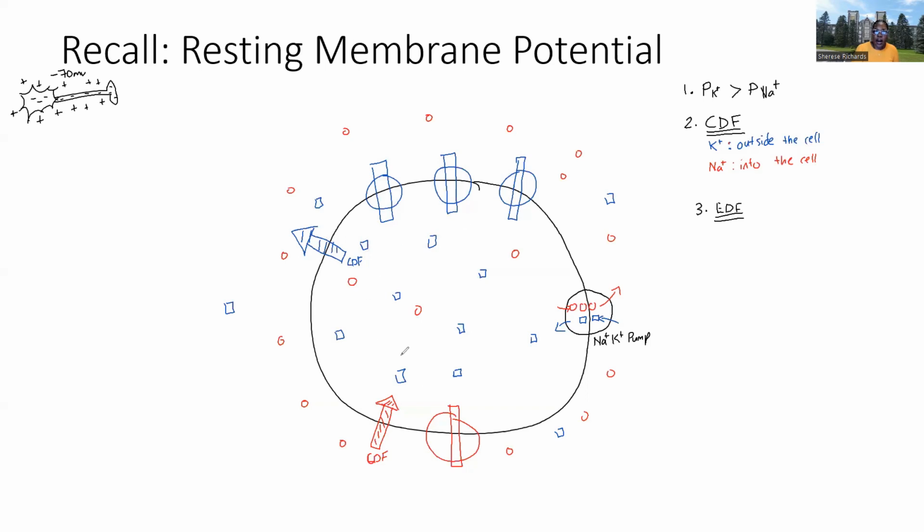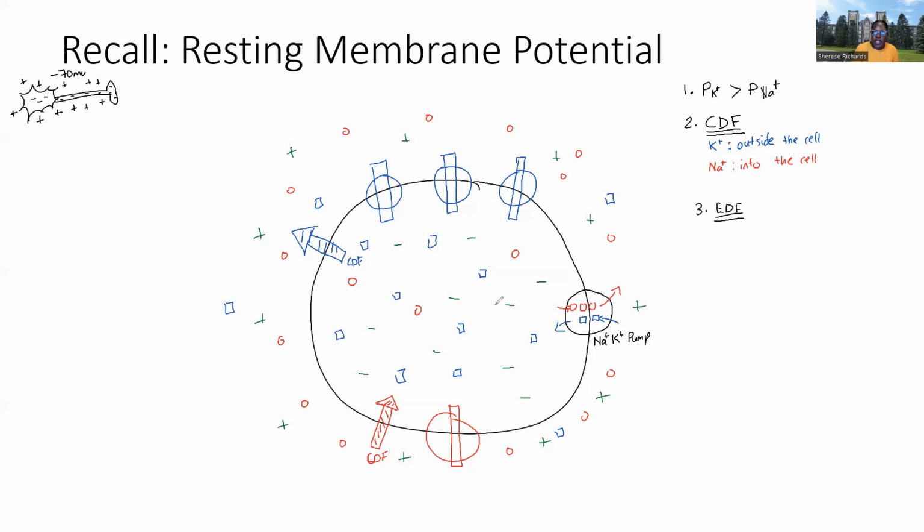There is going to now exist a negative environment inside the cell. All right, so we've got an abundance of negative charge being left behind inside, and then an abundance of positive charge in the extracellular fluid, right, outside the cell.